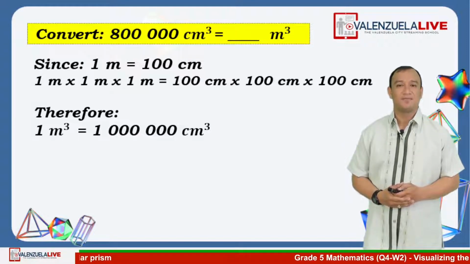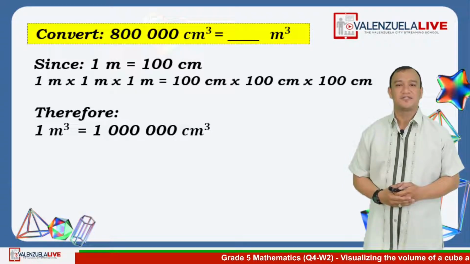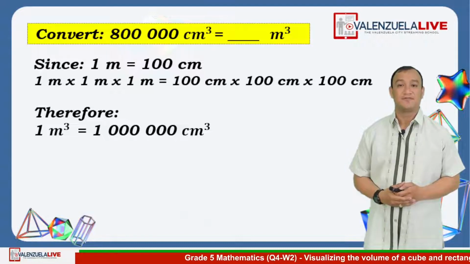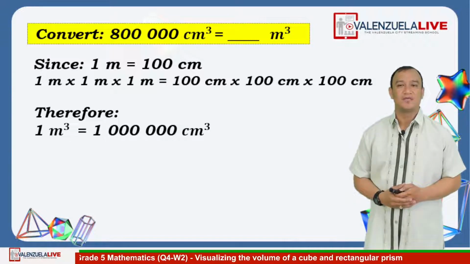With this example, we are converting a smaller unit into a larger unit. Therefore, 1 cubic meter is equal to 1 million cubic centimeters.